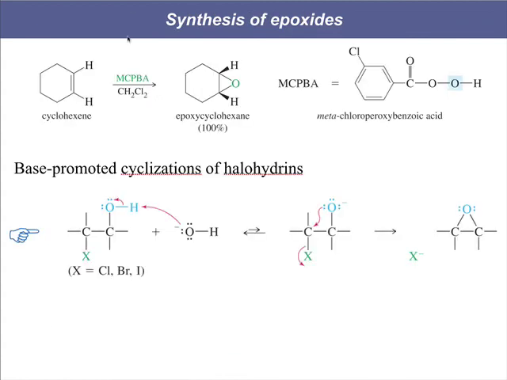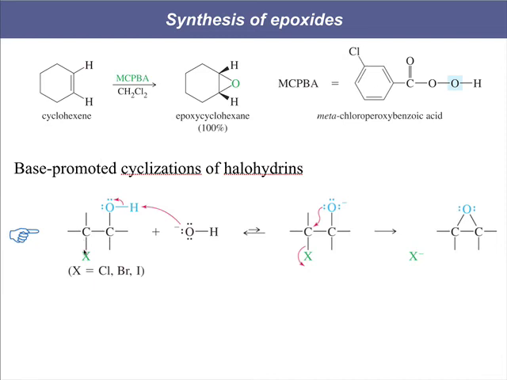Just a reminder, we have done 2 methods for synthesizing epoxides. We mentioned using MCPBA, a peroxy acid. That was what we saw earlier in this lecture, as well as the second lecture of alkenes. We also talked about base catalyzed cyclizations of halohydrins.